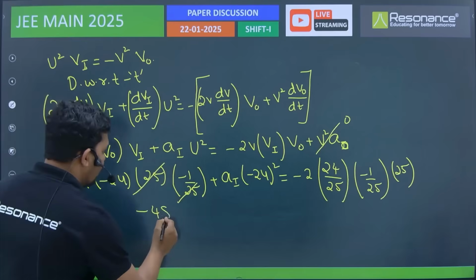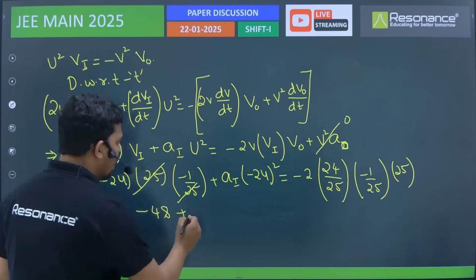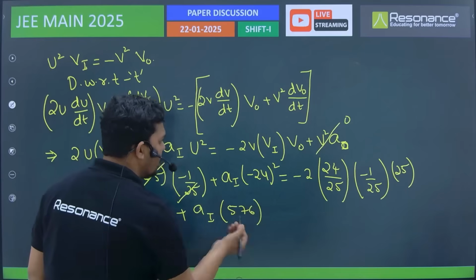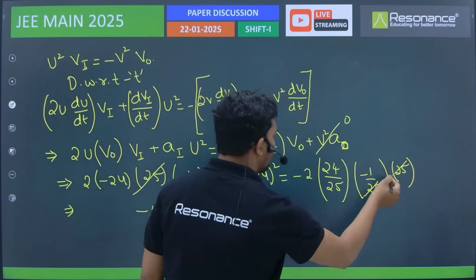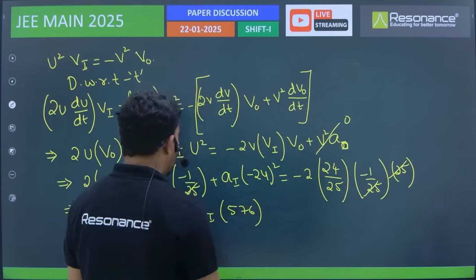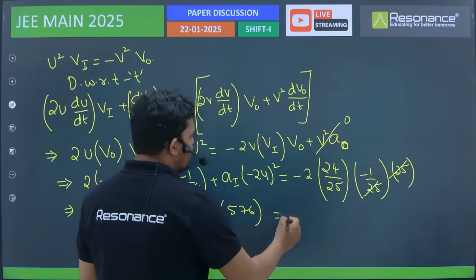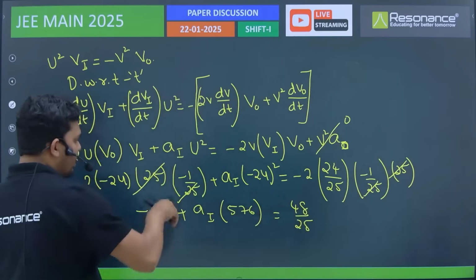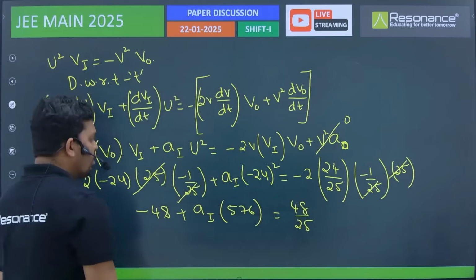Minus 48 plus the acceleration of the image, and minus 24 whole square is going to be 576, equal to, this 25 and this 25 will get cancelled, and minus into minus will become plus, so this is going to be plus 48 by 25. Right, so minus 48, if I send it there, it will become plus 48.